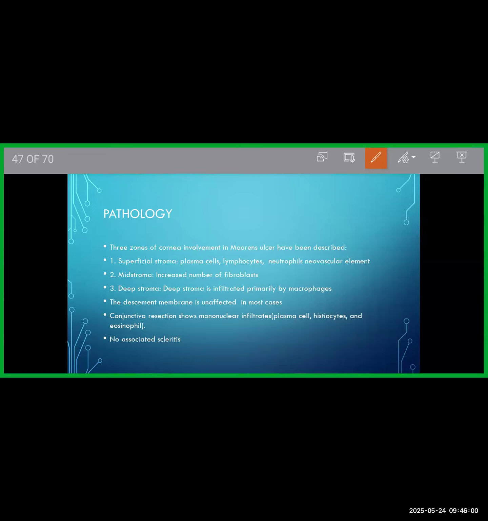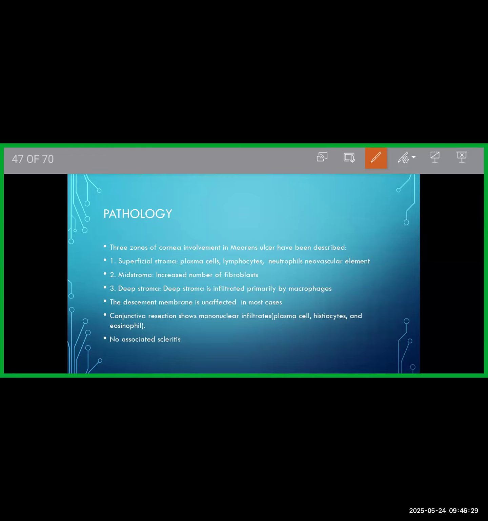The mid-stroma has an increased number of fibroblasts, and the deep stroma is infiltrated primarily by macrophages, and the Descemet's membrane is unaffected. So in Morin's ulcer, both the Descemet's membrane and the endothelium are unaffected. Then conjunctival resection shows mononuclear infiltrate such as plasma cells, histiocytes, and eosinophils.